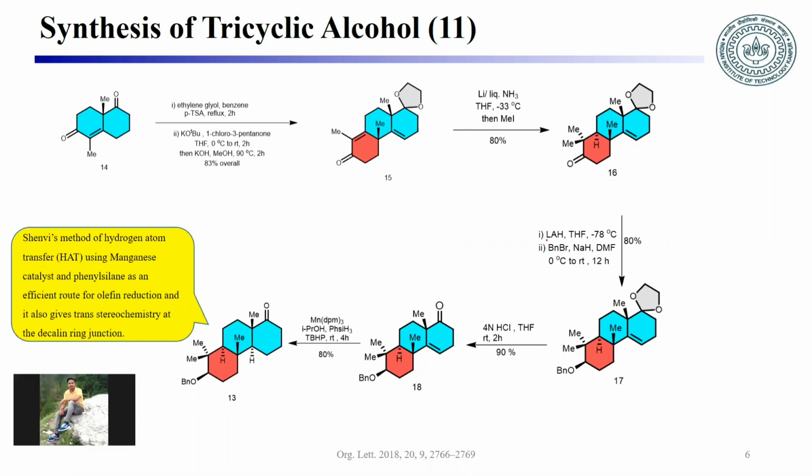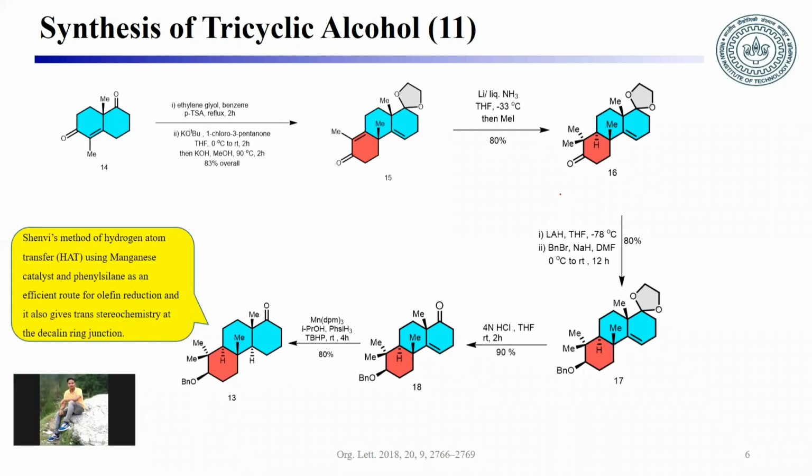Yes, sir. One equivalent of LAH can reduce four molecules of aldehyde or ketone. So generally, we can take only 0.25 equivalent of this lithium aluminum hydride, one quarter equivalent of the starting material.